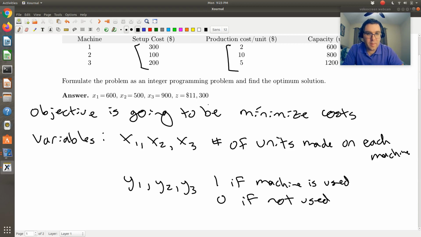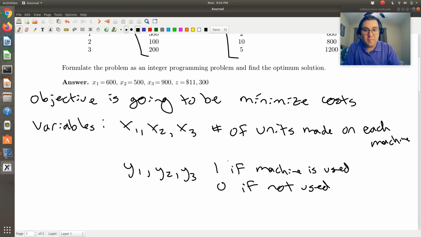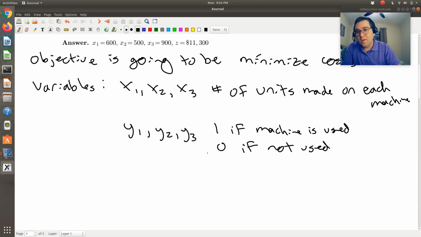So when I think about my objective function, I can take the setup costs of each machine and multiply by y1, then y2, and y3, so that if I'm going to use that machine, I need to account for the setup costs, but if I'm not going to use the machine, then there's going to be no setup costs because I'm not using that machine. We'll flesh this out more once we set up our problem. Now that I have my variables defined, I'm going to go back to define my objective function.